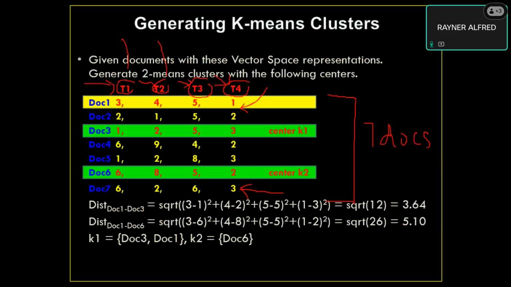Contohnya, term 4 ni, they exist sebanyak 3 kali dalam document 7. Okay? So just imagine you have 7 document and you want to group them based on the content of the document.